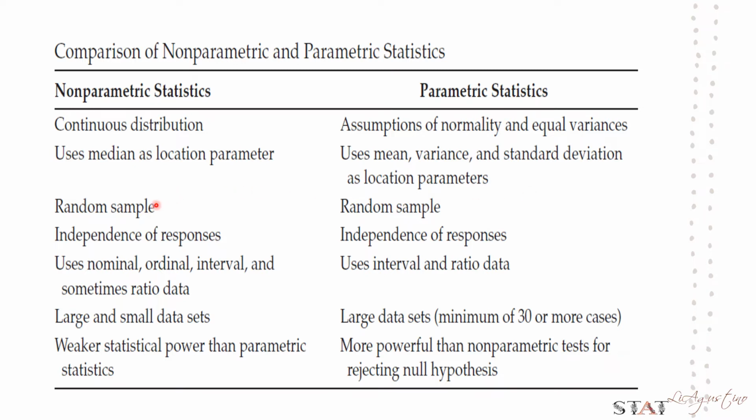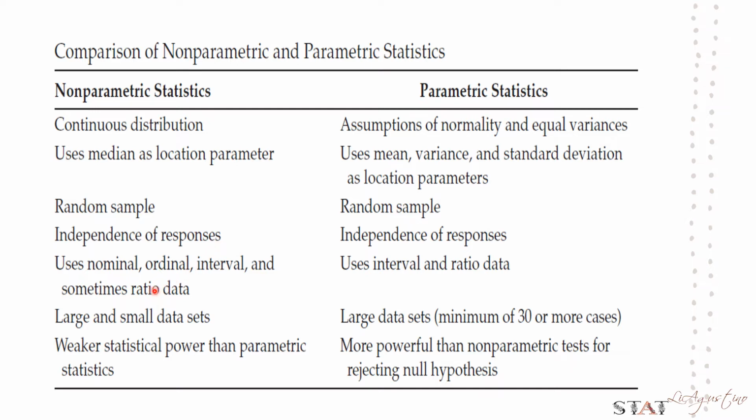And both of them, the non-parametric and parametric, must have a random sample and independence of responses. They are the same under parametric and non-parametric statistics. When we say independence, for example in a survey, my response to one item is independent of the responses of other respondents to the same or different items in that survey.